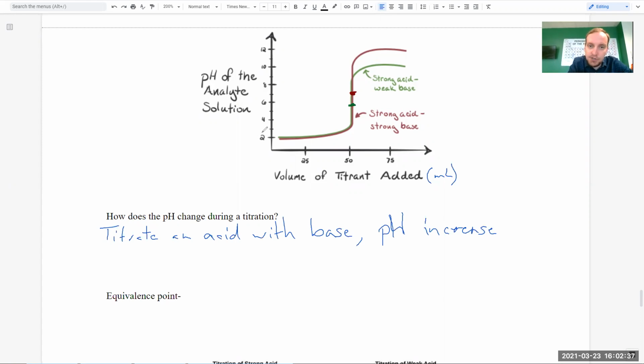The pH is going to go from 2. If we're doing the red line, it's going to go all the way up to 12. If we're doing the green line, 2 all the way up to 10. It's going to increase.